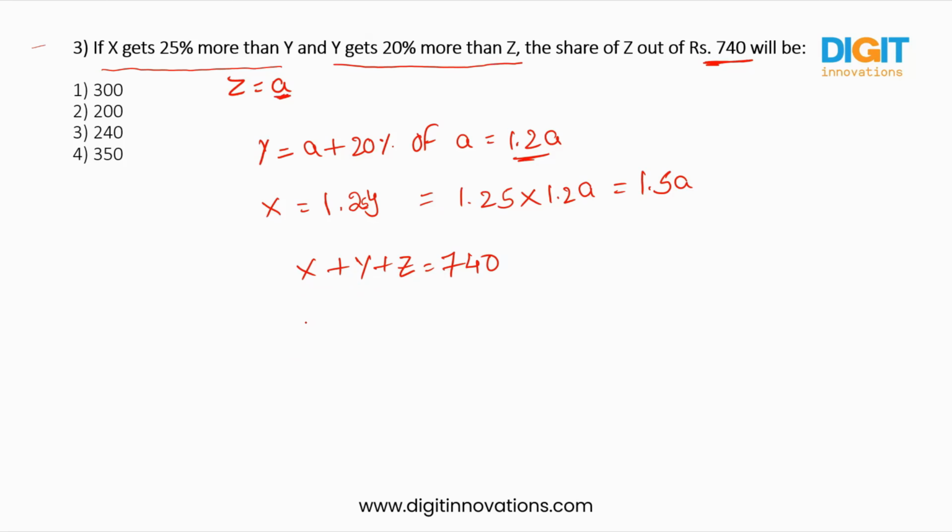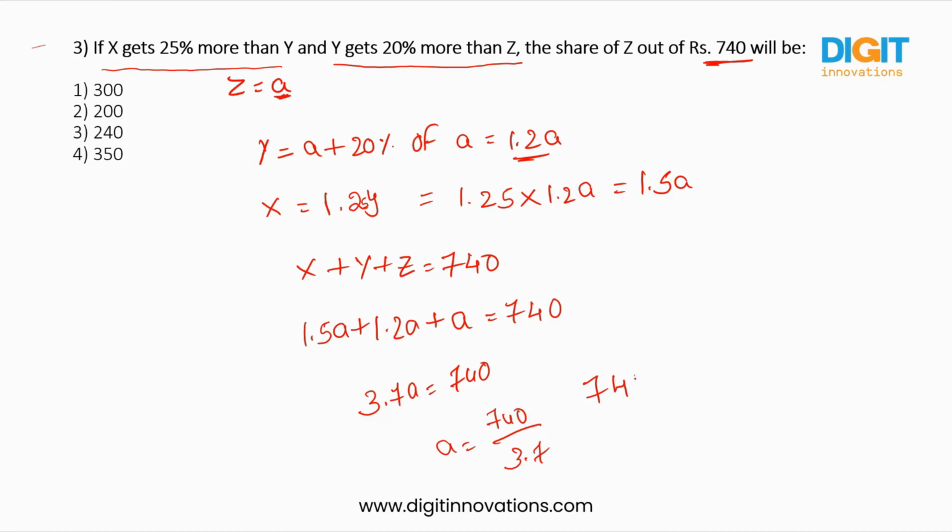So the x value is 1.5a, the y value is 1.2a, plus the z value is a, equal to 740. So how much are you going to get here? It is 3.7a equal to 740. So a equals 740 by 3.7. I am removing the decimals, so I am multiplying by 10 by 10. So 37 equal to 37 twos.